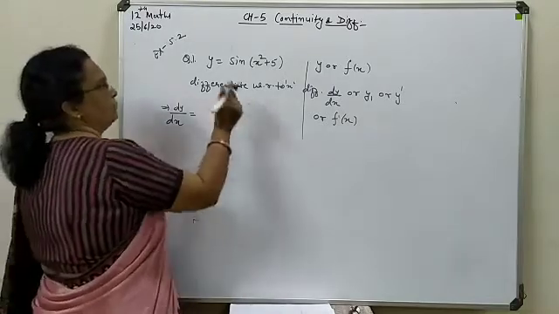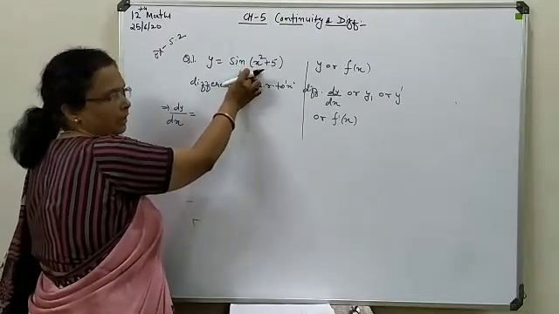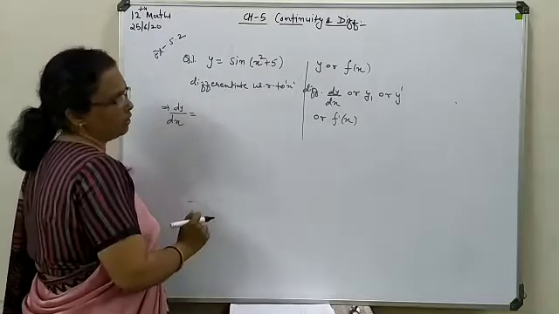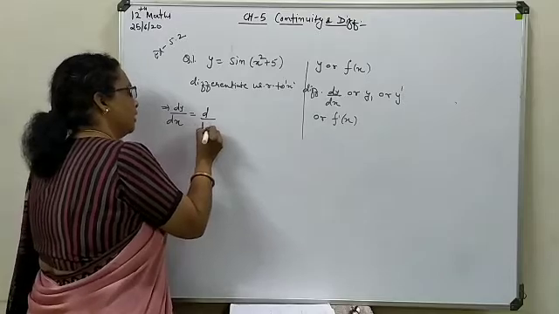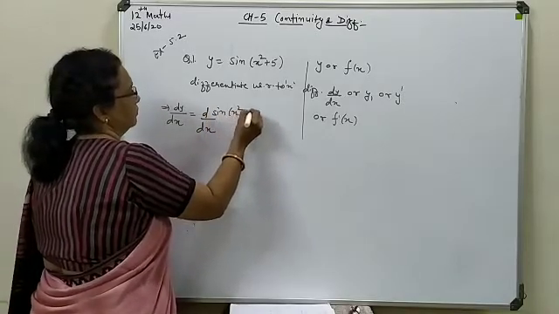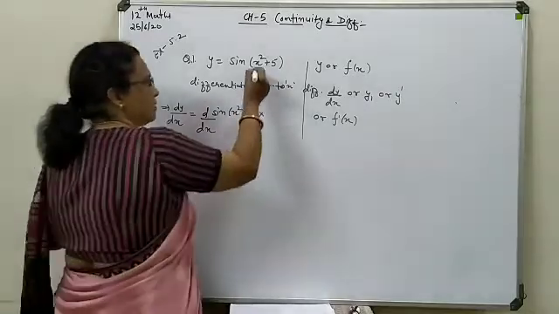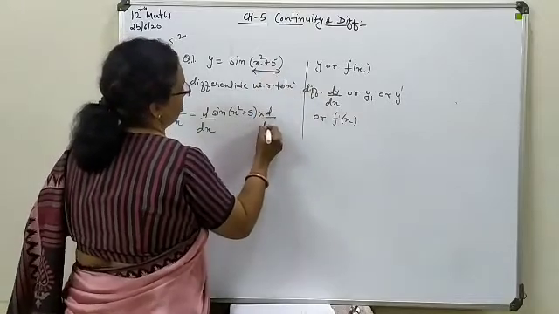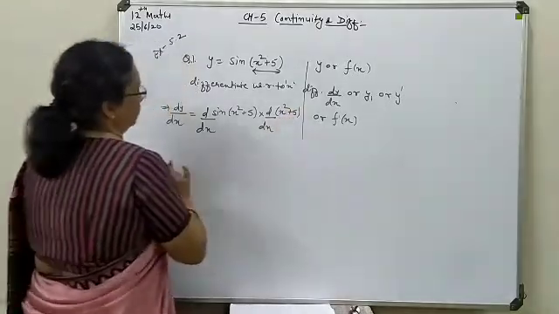Here you can see sine and this algebraic function, these two functions are written in a combined form. So here you will implement the chain rule. First of all you will write the derivative of the sine term, then the derivative of this inside bracketed term, which is the differentiation of x square plus 5.